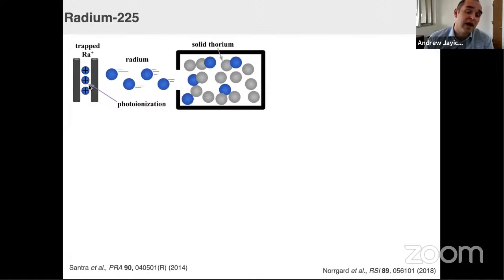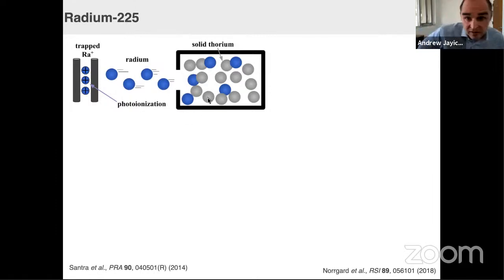You can then photoionize them and load them in your ion trap. This has been done by a Dutch group to do spectroscopy on neutral radium-225. I should say that that group has done a lot of work on short-lived isotopes of radium ions as well.